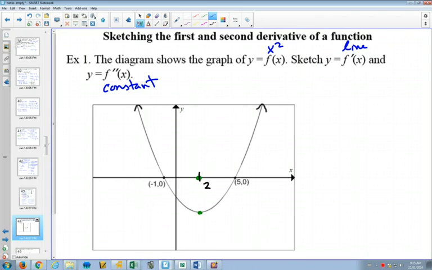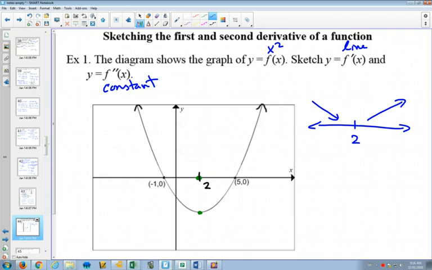So if you were sketching this, you would have started with your parabola, you would have taken your derivative, and you would have found out that x equals 2 is where you have your local minimum or local maximum. And you would have drawn the first derivative test, and you would have put 2 on there, and you would have found out that before 2, it had to be decreasing, and after 2, it's increasing, because that's what our original function is doing.